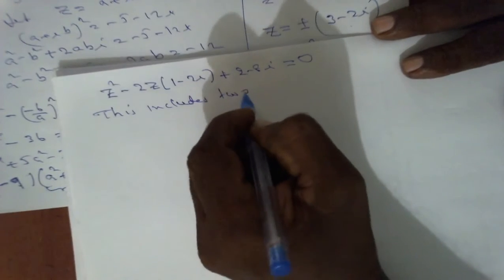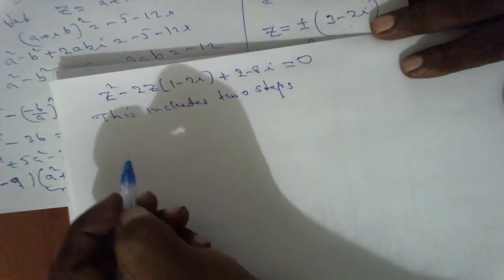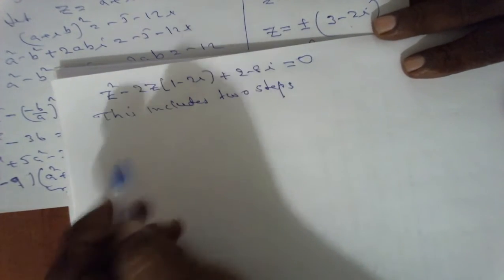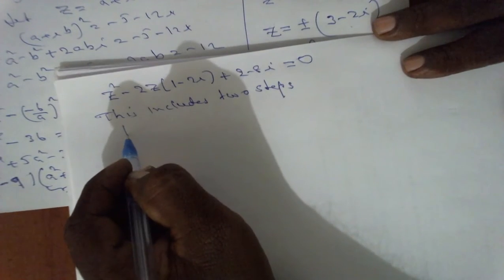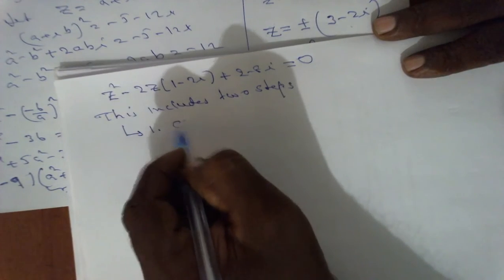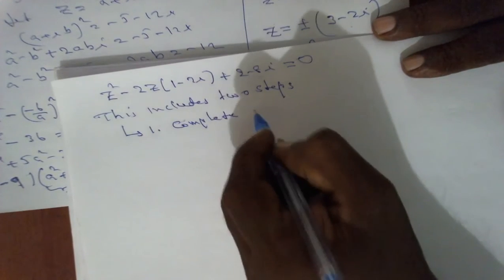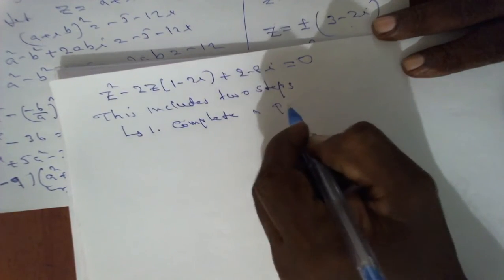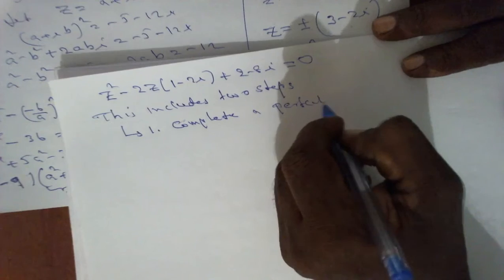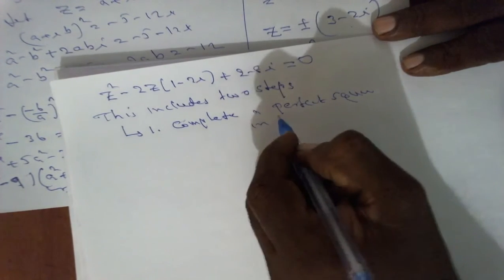So step one is complete a perfect square in the left hand side.